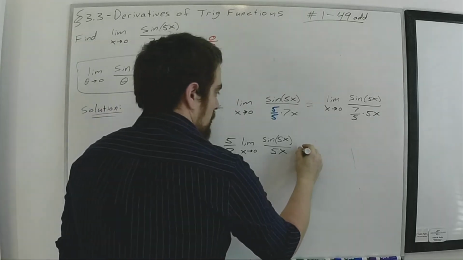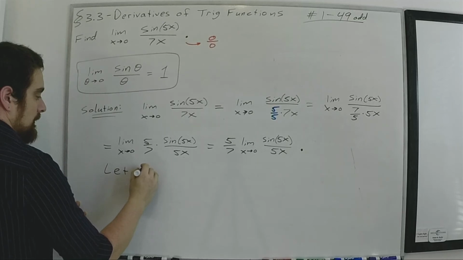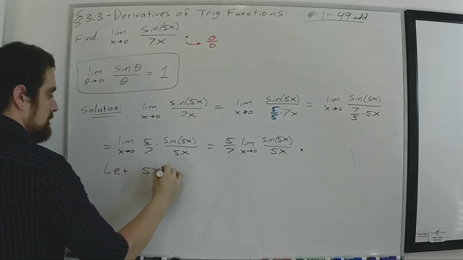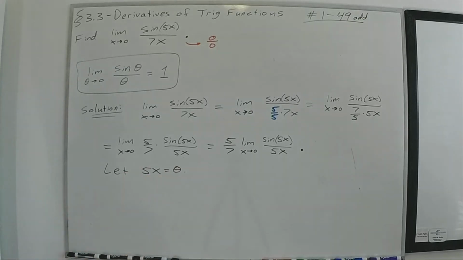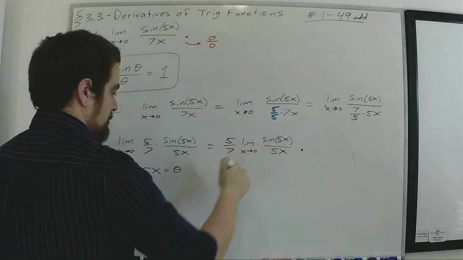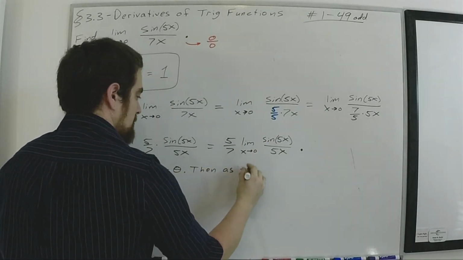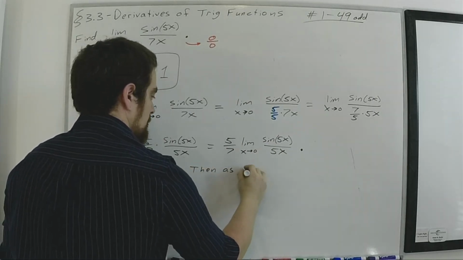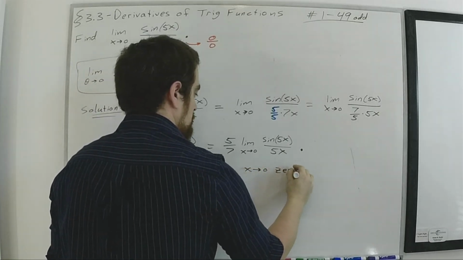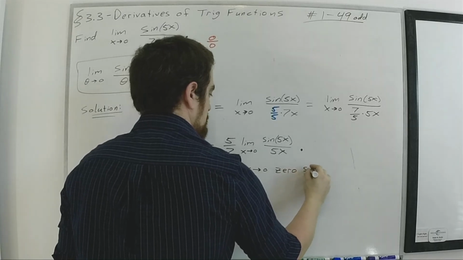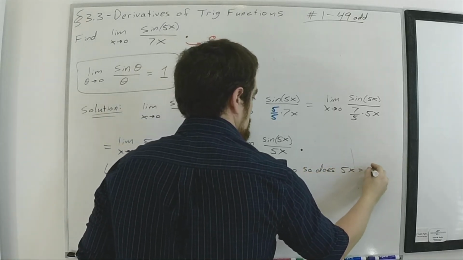Now here's where I'm going to pause and make a substitution. Let 5x equal theta. And so 5x is just some quantity, top and bottom. And as x goes to 0, so does 5x, which is theta.